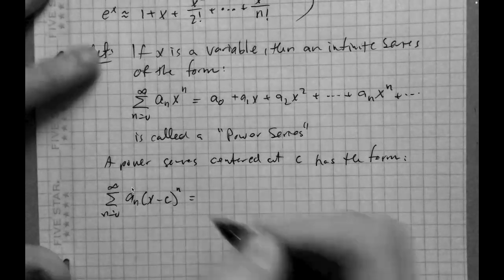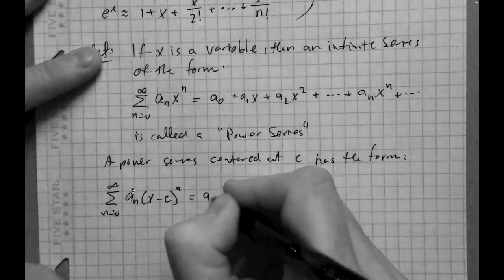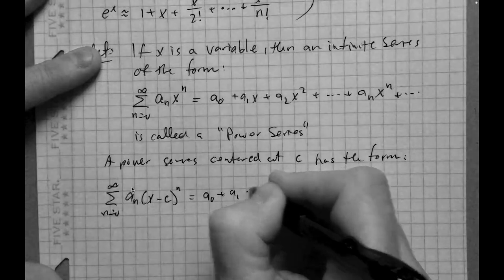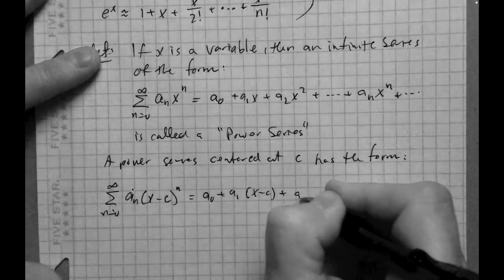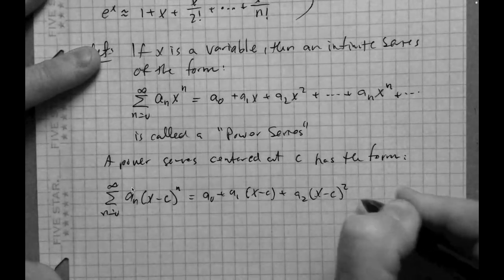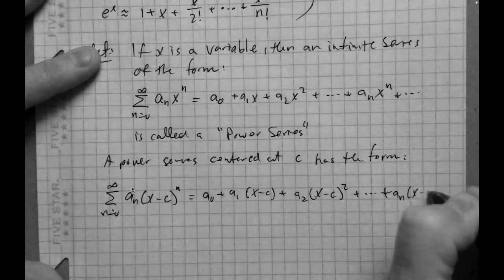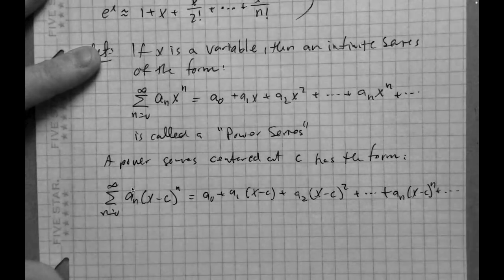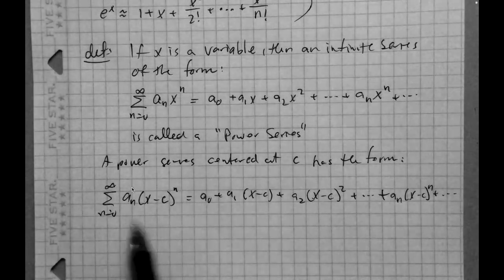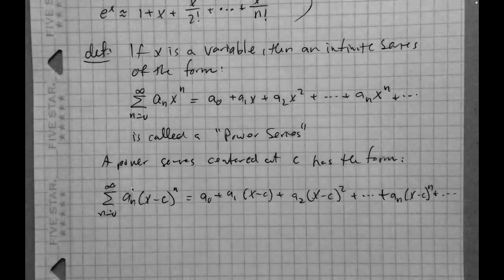Similar to the Taylor polynomials, that's a0 plus a1 times (x minus c) plus a2 times (x minus c) squared plus ... plus a sub n times (x minus c) to the n plus ... So that's the more general form, and of course the first one is just where c is 0.